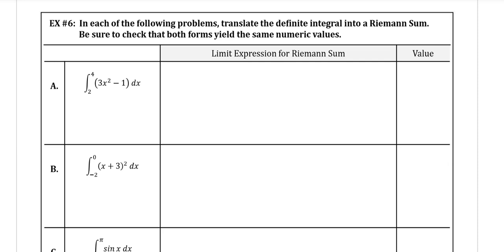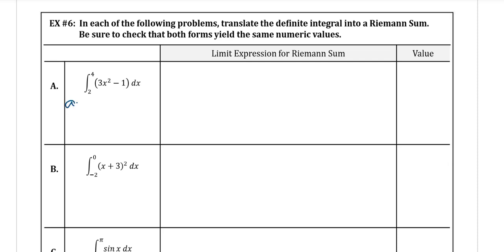Okay, so the first example, example 6, we're going to go from definite integral form into a Riemann sum. So we are looking at the integral from 2 to 4 of 3x squared minus 1 dx. A couple things we have to put together are our delta x and our x sub k.